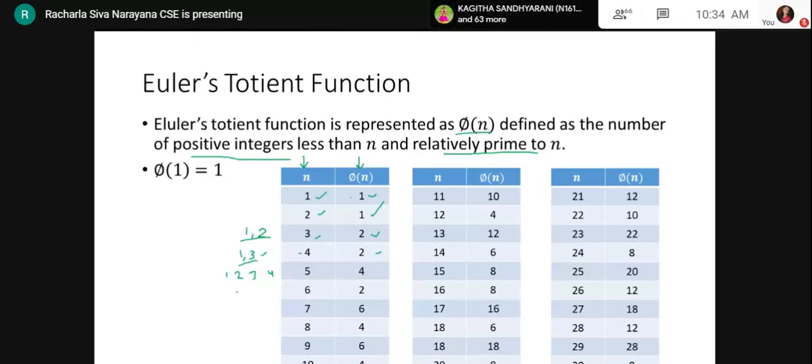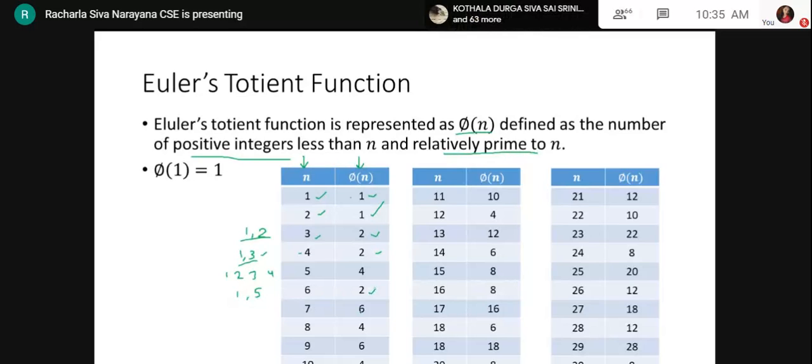For 6, 1 is relatively prime, and 2 is not, because the GCD of 2 and 6 is 2. 3 is not relatively prime to 6, because the GCD of 3 and 6 is 3. 4 is also not. 5 is relatively prime to 6, because the GCD of 5 and 6 is 1. So the count is 2, and that is why phi of 6 is 2.